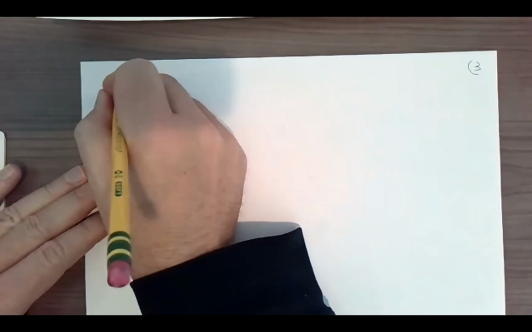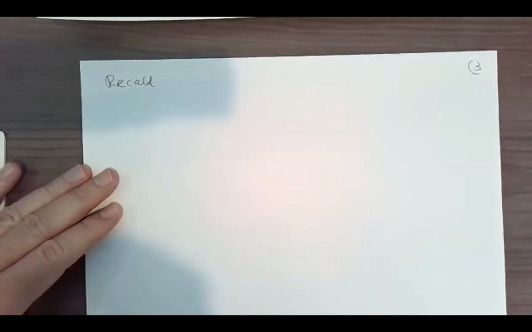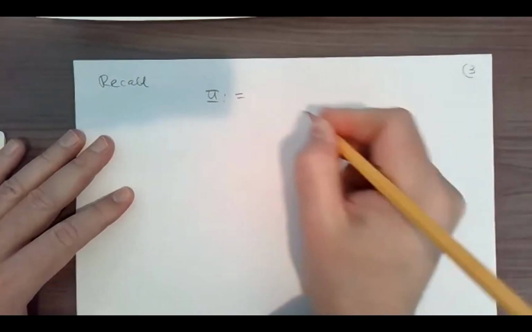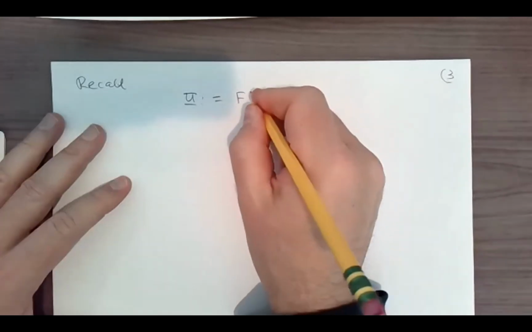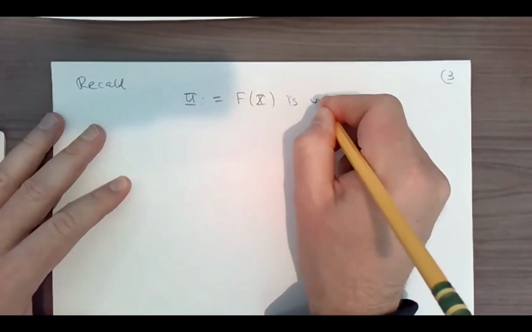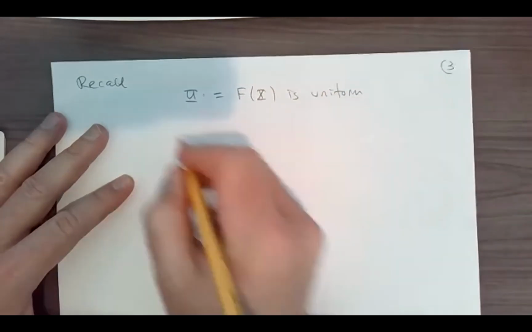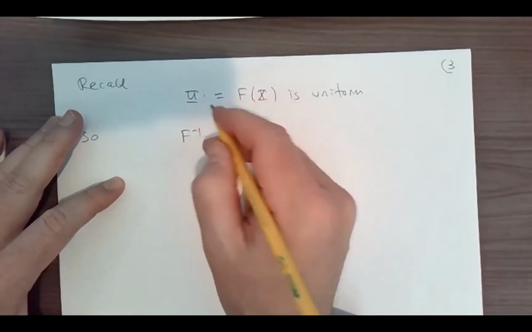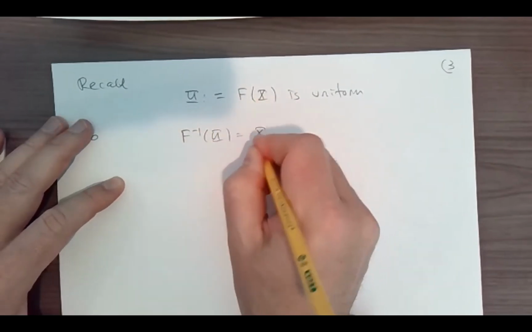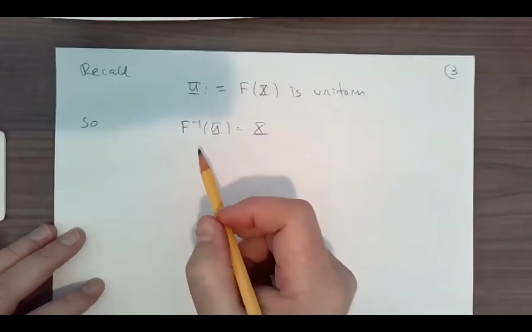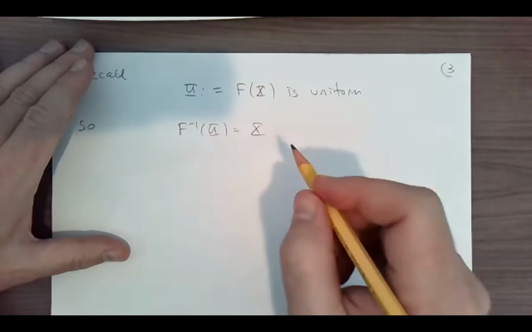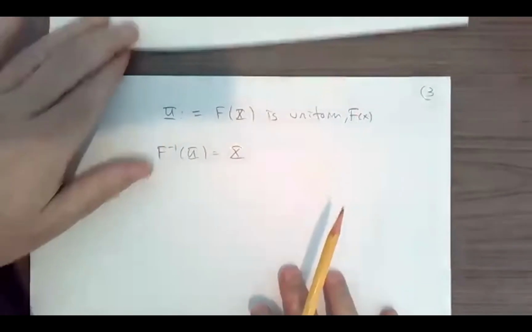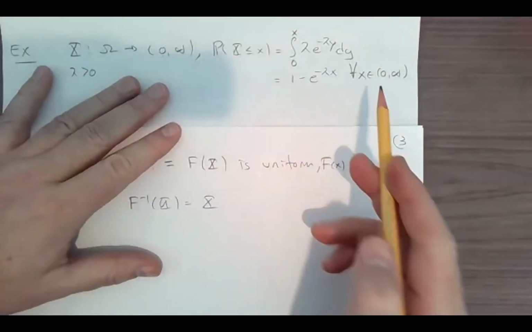Recall that U given by F of x is uniform, so F inverse of U is my X. I just need to compute the inverse, when F of x is this distribution function.